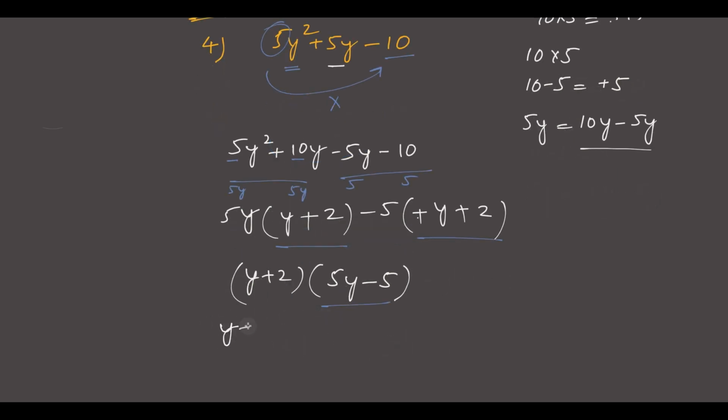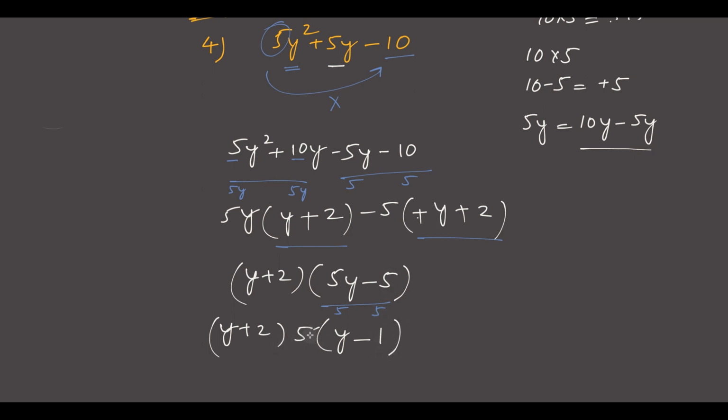How can we take it? This is y plus 2 as it is. Now in this one I am going to take 5 common. It is a product again, so don't write any plus or minus symbol. Now we divide this with 5, this with 5. This 5 is cancelled, then remaining is y minus, 5 ones are 5, so minus 1 you have to write.